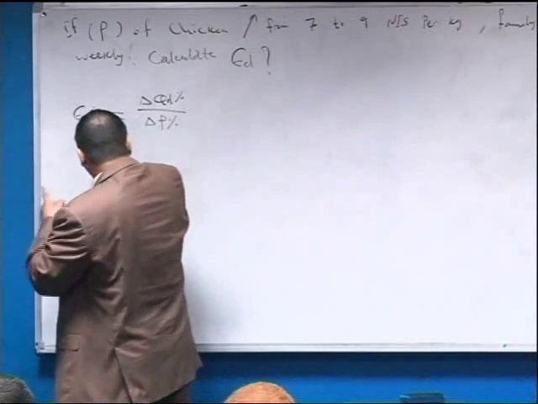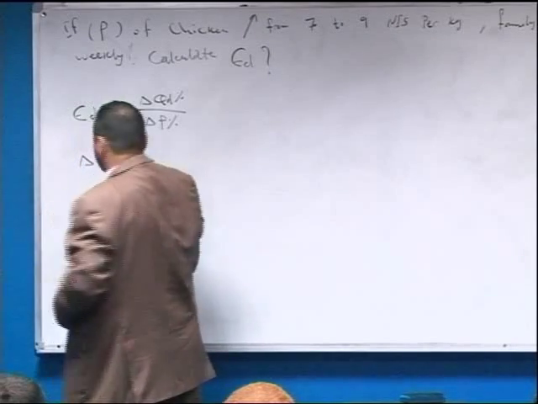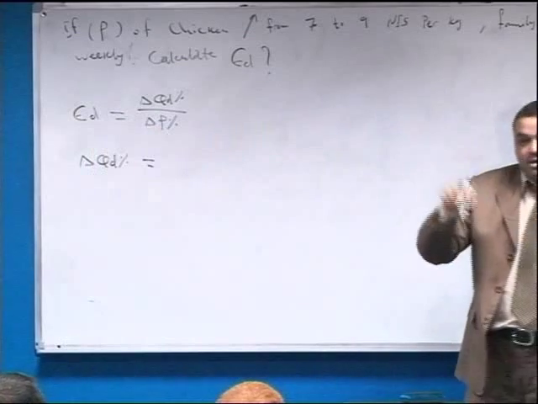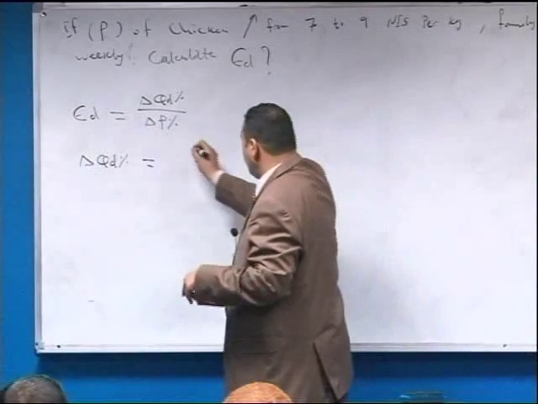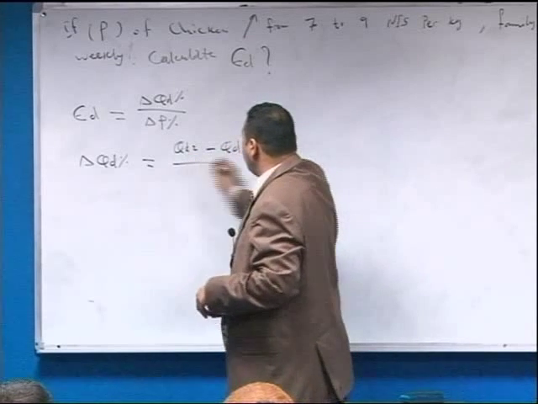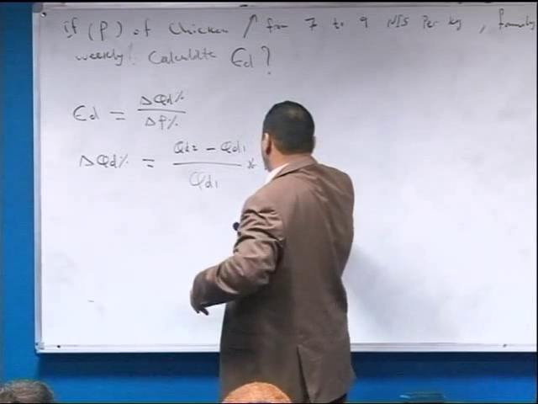So delta QD percentage equals QD2 minus QD1 over QD1 times 100%.